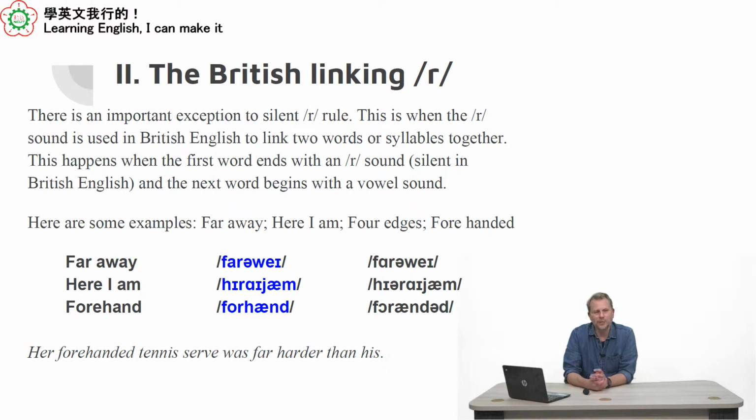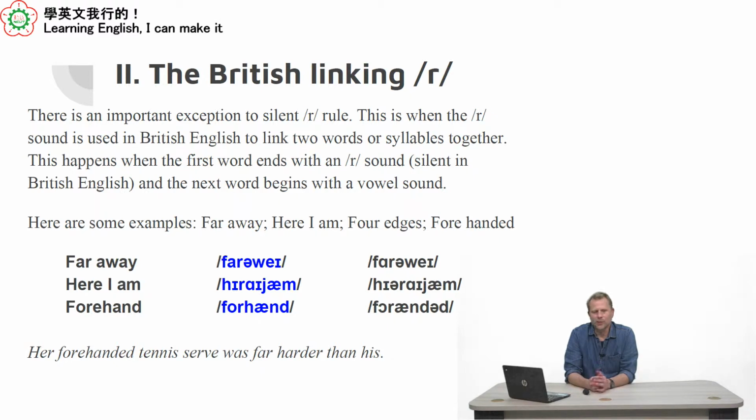This third example is interesting, for one, because many British speakers drop the H sound in the word hand. Forehand is a word for a kind of hit in tennis, when you hit a tennis ball this way.